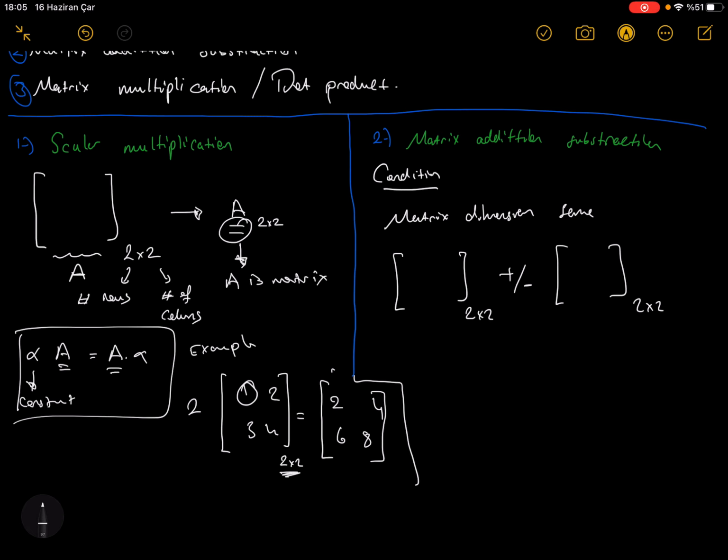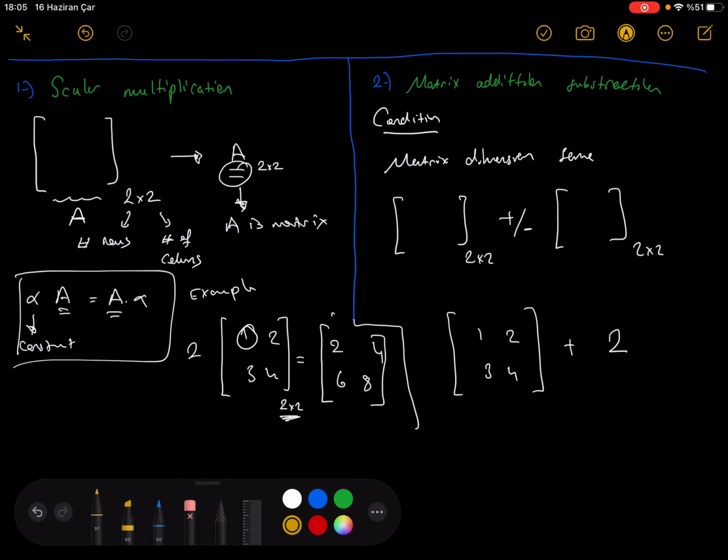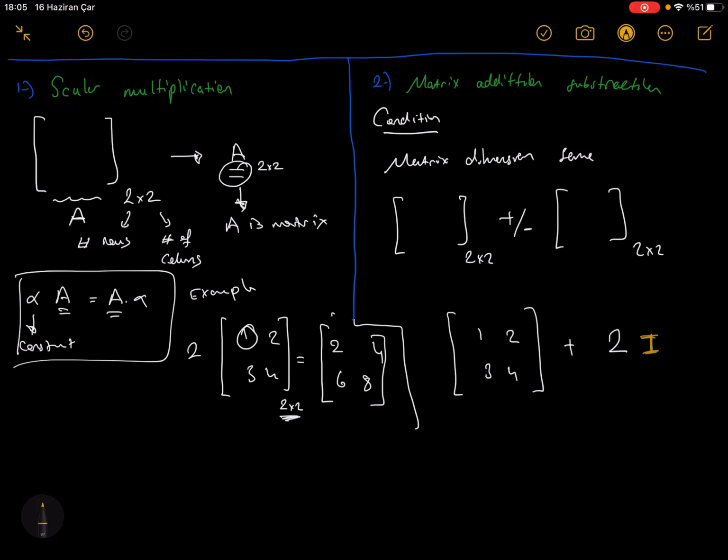The thing becomes important when we have an addition with a number. For example, we have a 2 by 2 matrix, and let me write it this way, and we are going to add 2. Okay, how are we going to make this addition? Actually, there's a hidden matrix in here. We call this the identity matrix, and the identity matrix has 1, 0, 0, 1 in its cells.